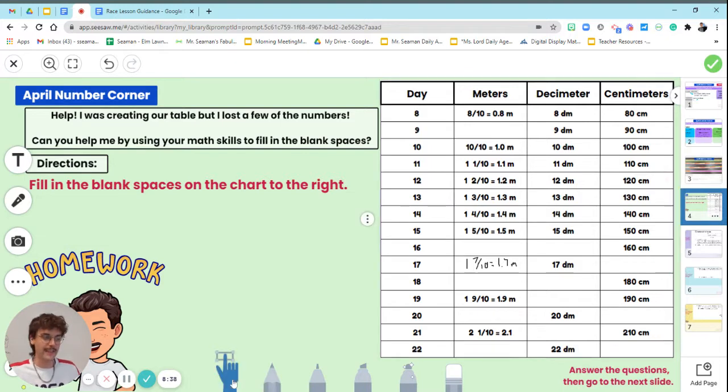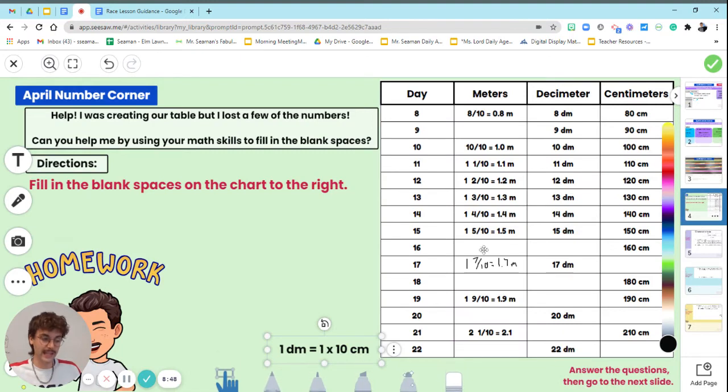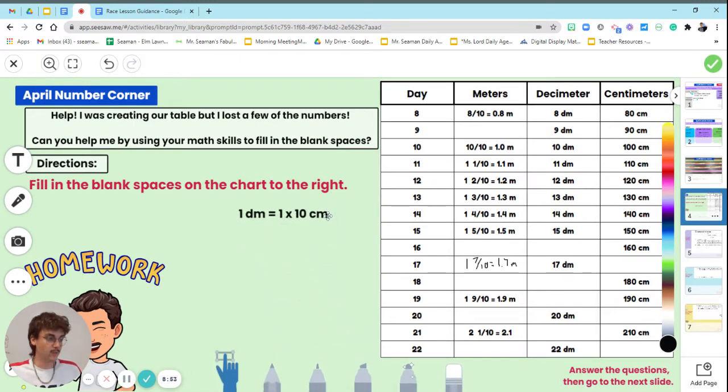1.7 meters. And then the way to convert it into centimeters, again, is using our formula here. This formula is going to come in really handy today. So with this formula, we take 17 decimeters and multiply. We plug the decimeter amount into our 1 here, so it will be 17 times 10.